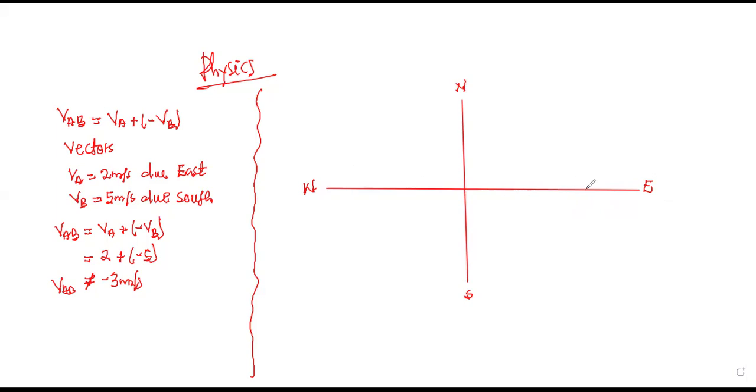So velocity of A would be here with a magnitude of 2 meters per second. And then velocity of B due south, this is VB, with a magnitude of 5 meters per second.